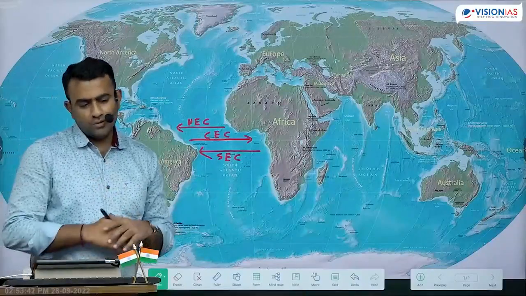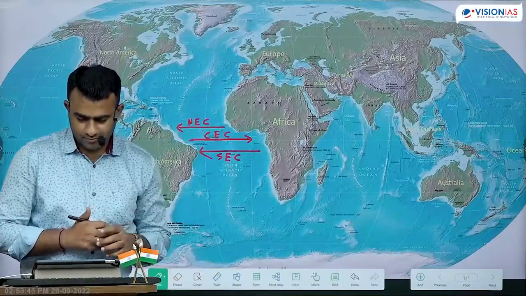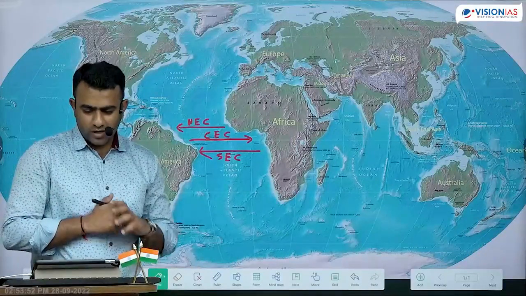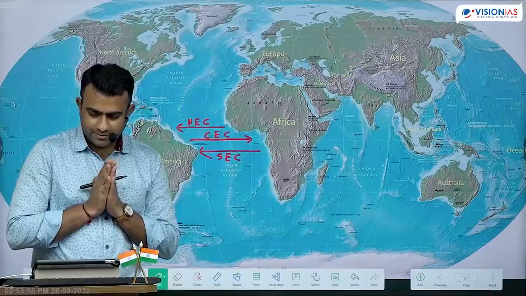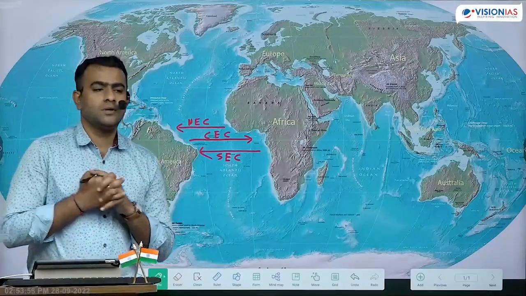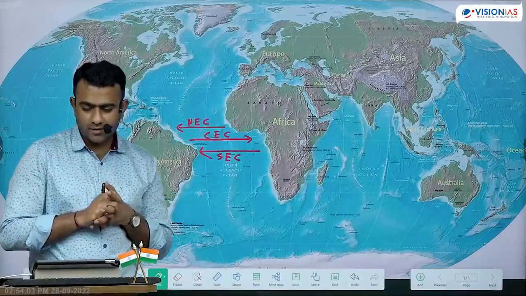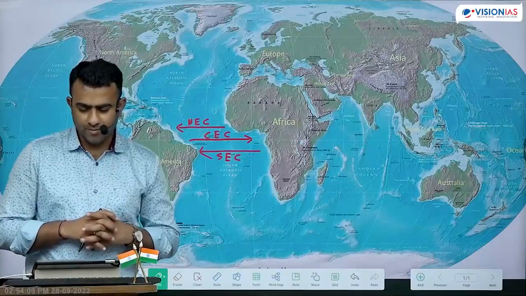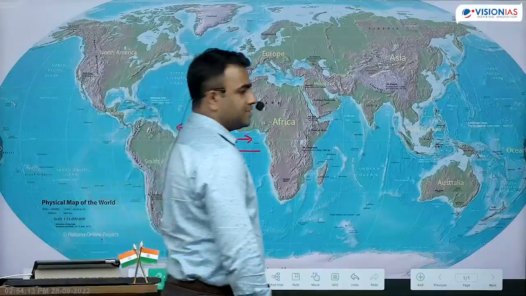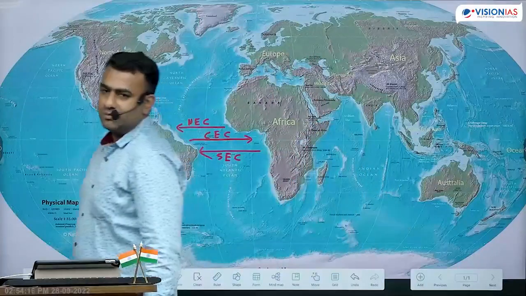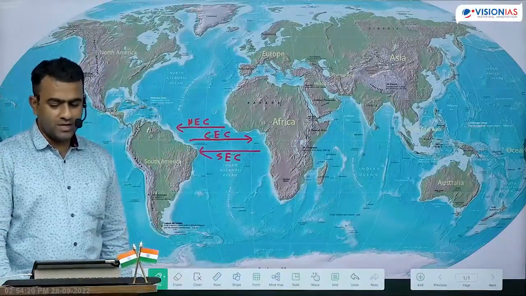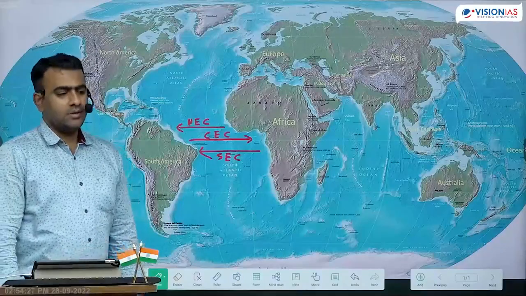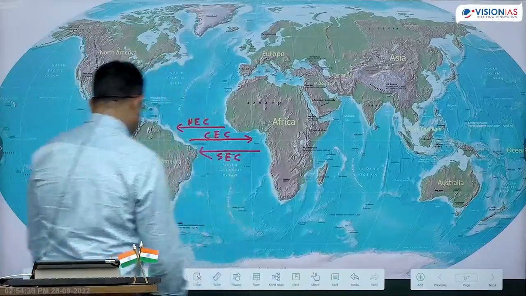Okay, caused due to the merging of north equatorial current and south equatorial current on the western side, which flows from west to east in between them, that is counter equatorial current. ठीक है.